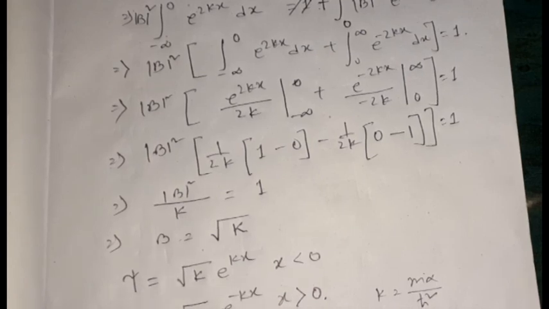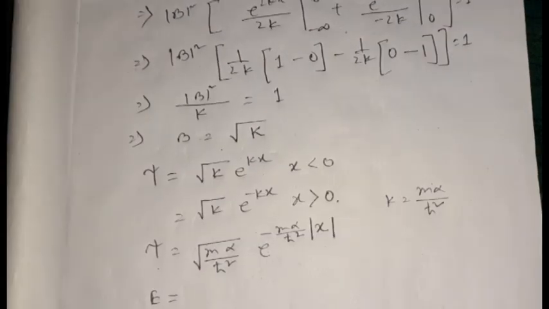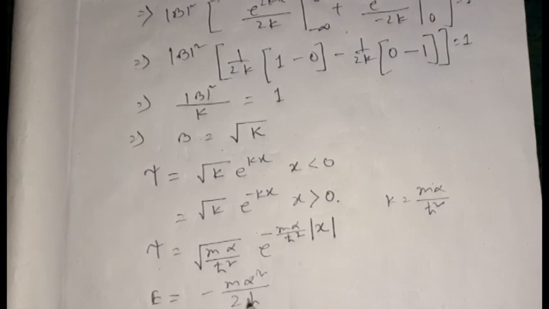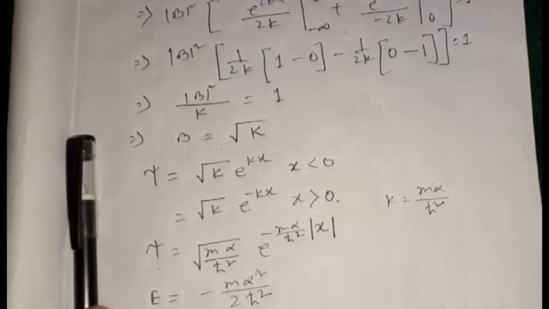If x is negative, this becomes positive, we get this wave function. If x is positive, this becomes negative, so we get this wave function, and our solution, the wave function, is equal to this, and the energy is minus mα² over 2ħ². Thank you.